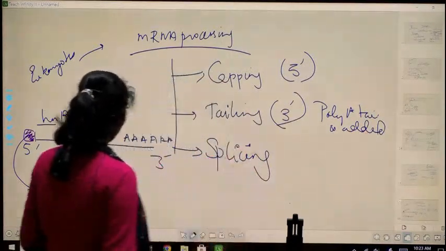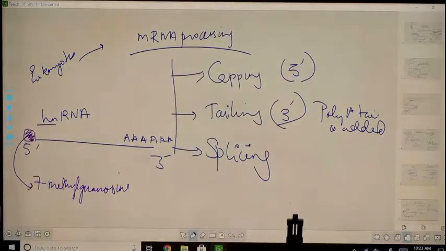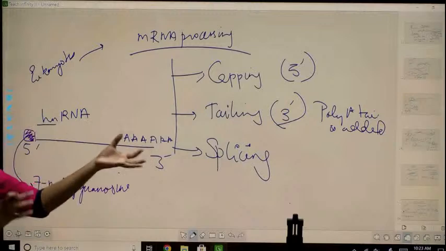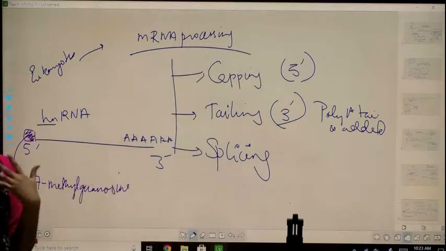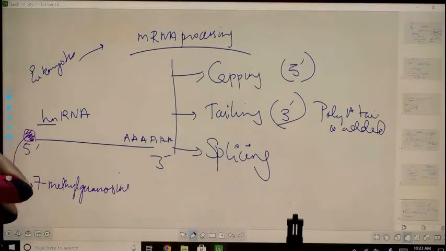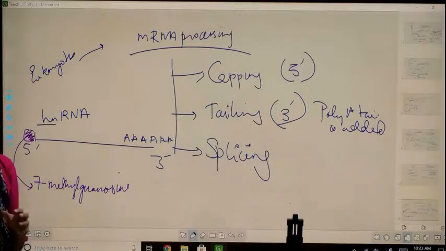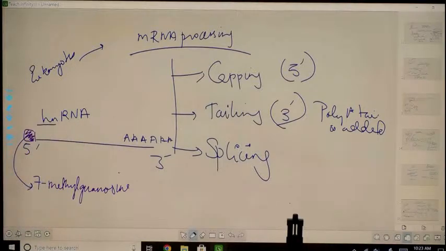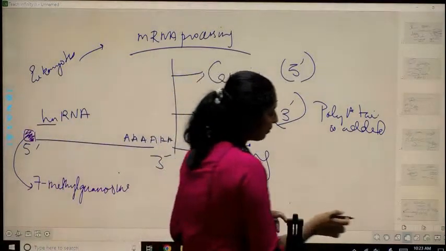Okay. So why are capping and tailing required? Because in the cytoplasm, this particular mRNA that is composed of nucleotides can get degraded, right? So we need to conserve our mRNA, we need to stabilize it and increase its stability, right? So as a result, capping and tailing is undergone by the mRNA, right? It's a very essential process. Now let's see about splicing.